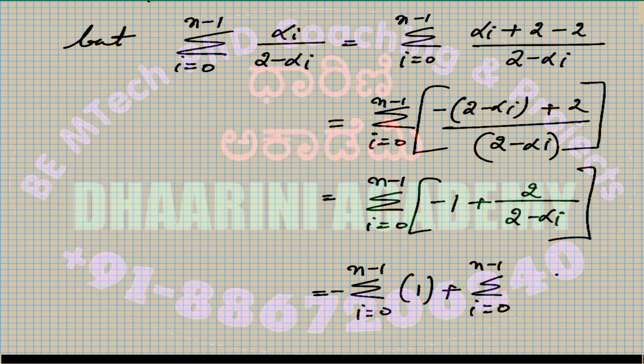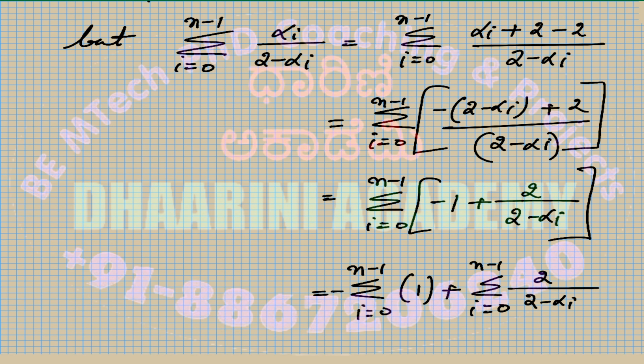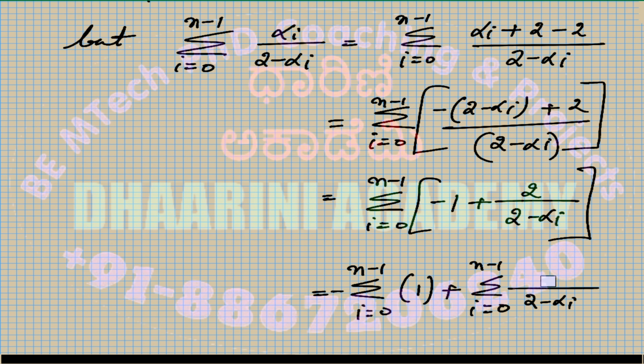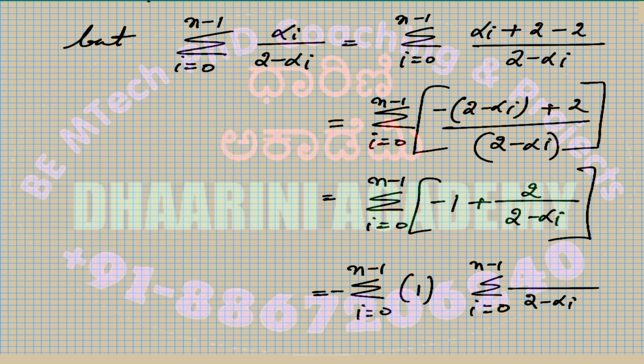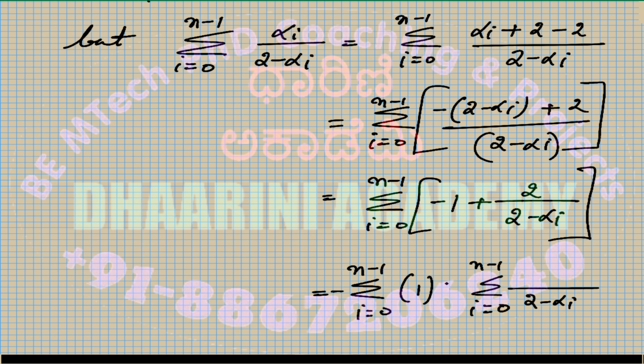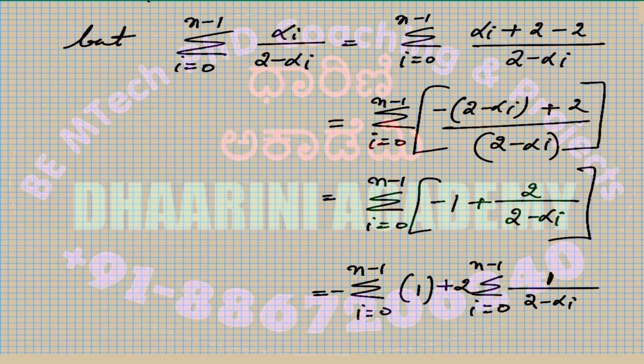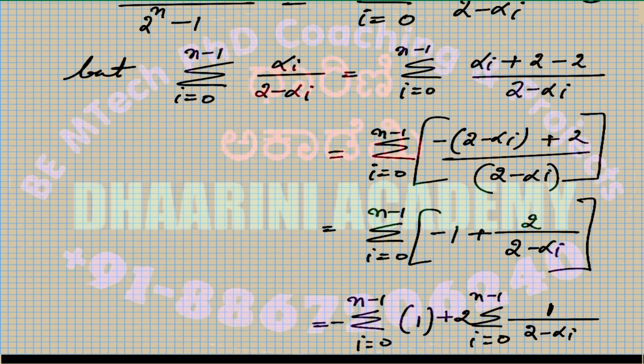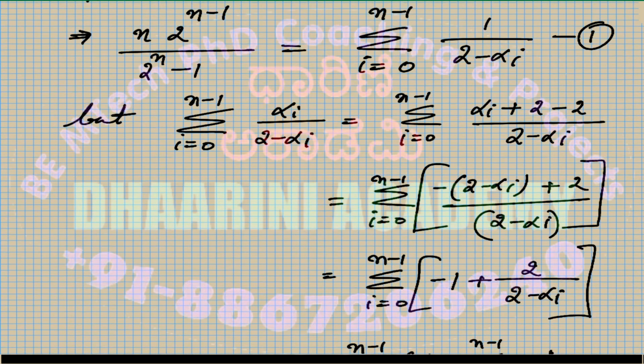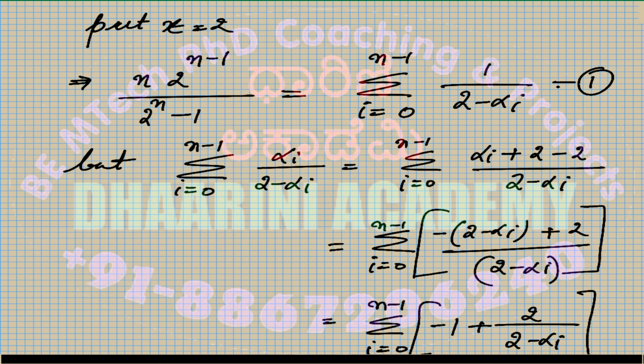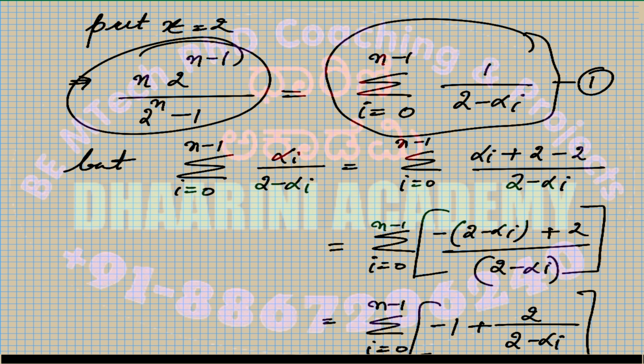The second term is 2 divided by 2 minus alpha i. ಇಲ್ಲಿ actually ನಾನು ಇನ್ನೊಂದು ಸಣ್ಣ modification ಮಾಡಬಹುದು, that is, this 2 is a constant, you can write it outside, so that makes things very easy for us, plus 2 times 1 divided by this. Okay, now you see we already have an answer. That answer is for this. If you have summation i 0 to n minus 1, 1 divided by 2 minus alpha, it is nothing but this term.